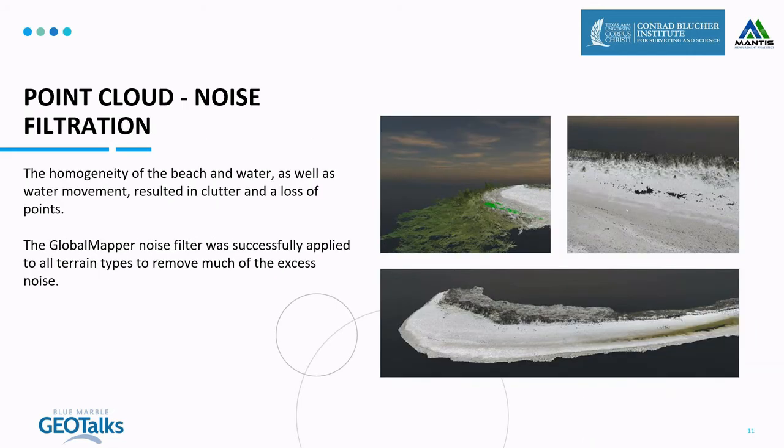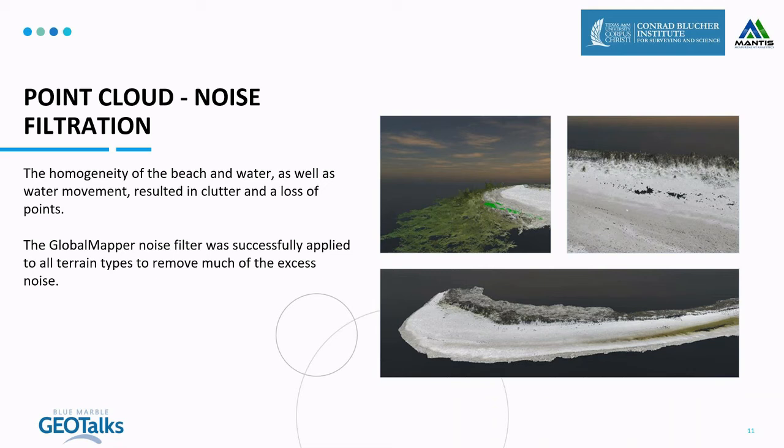Okay, so that was the ground filter, and then I moved over to the noise filter. We received noise where the water or the shoreline met the beach. This is because structure from motion has a difficult time with water features, because water is always moving. Even from one image to the next, the water features will move and change, so you'll often see clutter for water features from structure from motion.